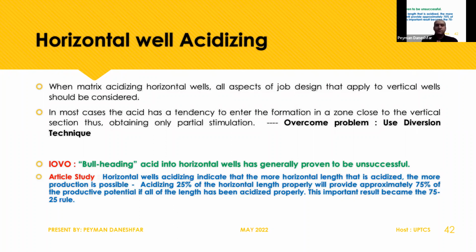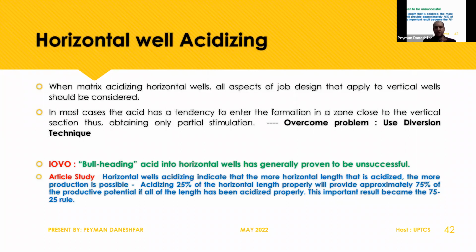Okay, in most cases, the acid has a tendency to enter the formation in a zone close to the vertical section, obtaining only partial stimulation. And to overcome this problem, use a diversion technique. Okay, so ball heading acid into a horizontal well has generally proven unsuccessful.